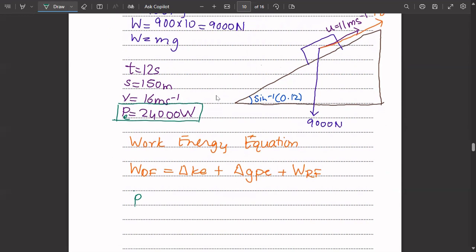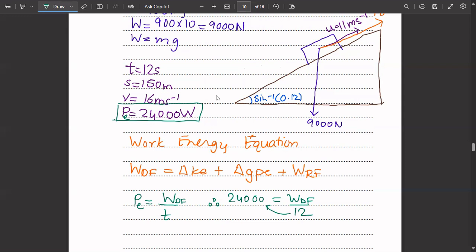We also know that power is equal to work done upon time. So power of engine will be work done by driving force upon time. Therefore, power of engine is 24,000 watt, not 240,000, 24,000. And we know that the time taken is 12 seconds.